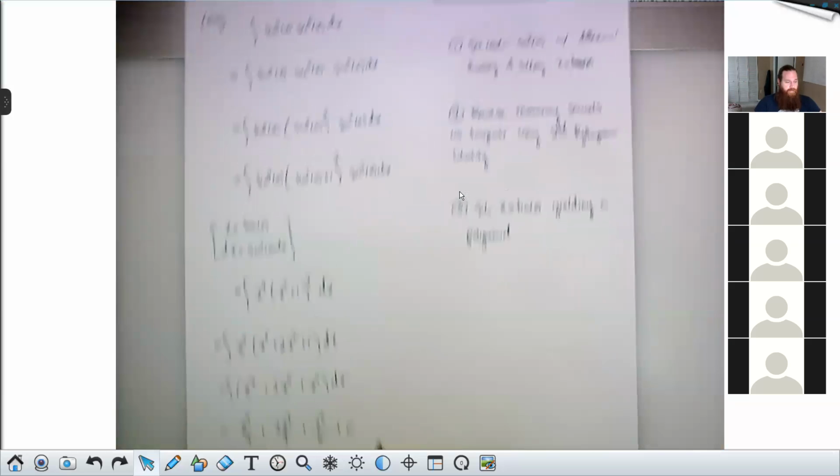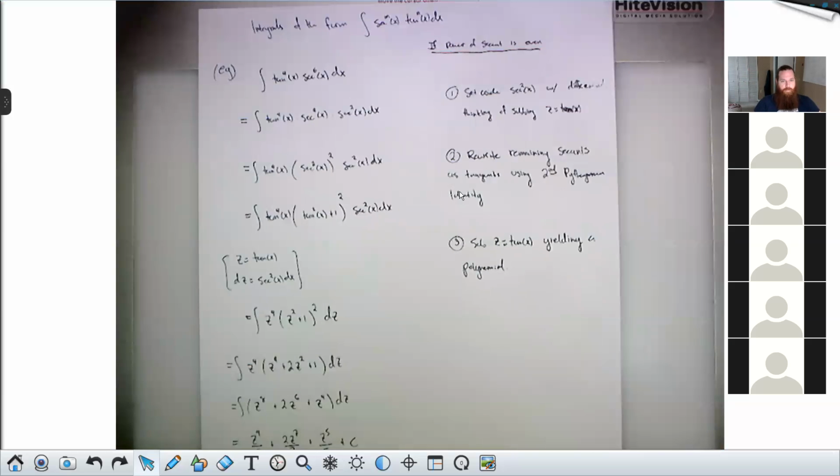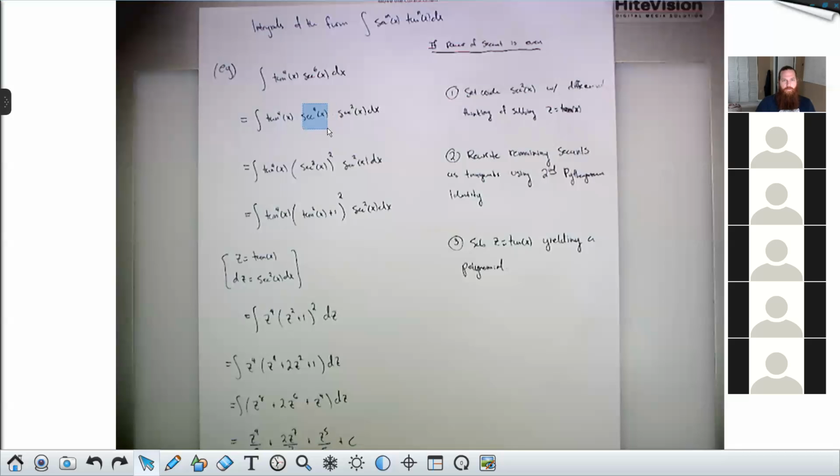If the power of secant is even, then things ain't too bad, because you can always set 2 secants off to the side, and what's left will be an even power of secant. Even powers of secant can always be rewritten as tangents.